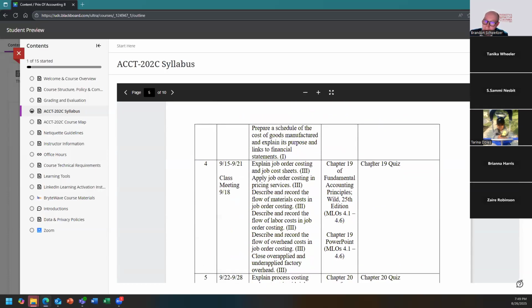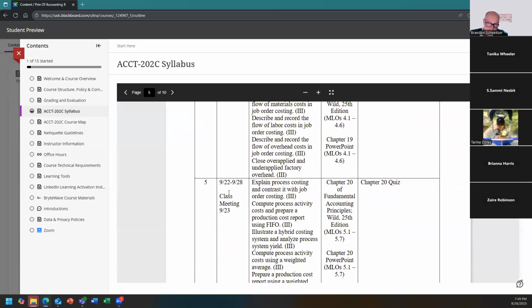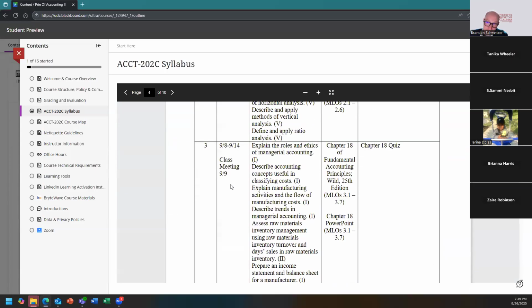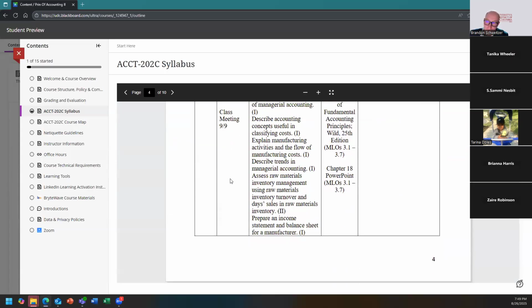Then the Chapter 19 quiz, and we'll meet on Thursday, 9/18, and so forth. So please, at your leisure, take a very close look at the syllabus and these dates, and make sure you have them marked, because these will be the dates that we meet.